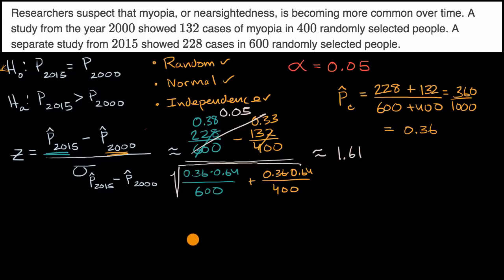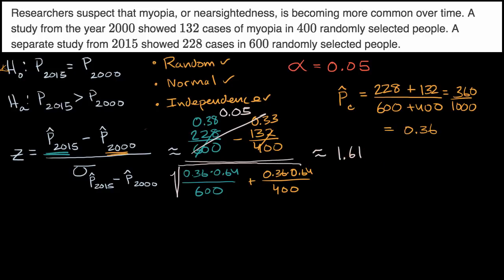So one way to think about it is the difference that we got between our sample proportions between 2015 and 2000 of 0.05 is 1.61 standard deviations above the mean of our sampling distribution if we assume that the null hypothesis is true.